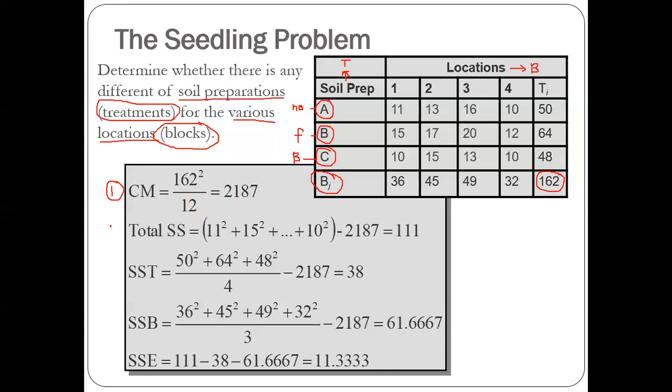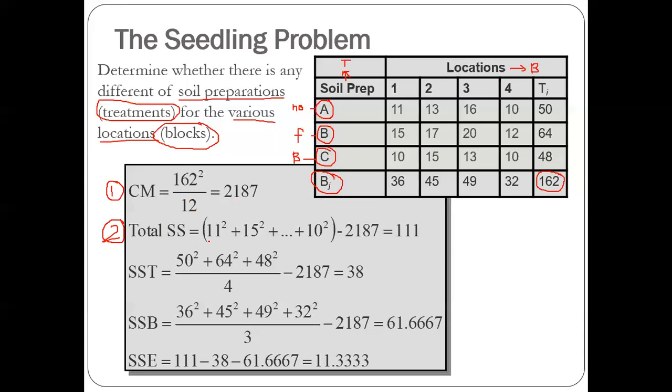Okay, now second step, you must get the total value of sum of square. So for the total sum of square, you must add all the values squared, then minus the value of CM.